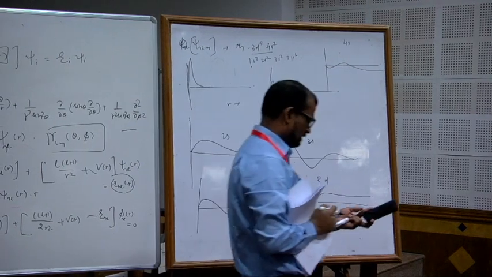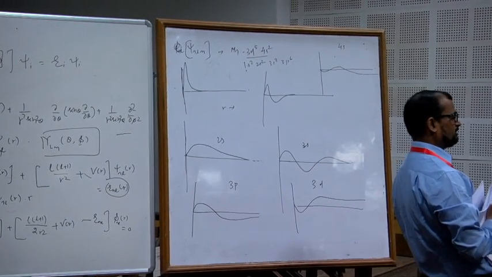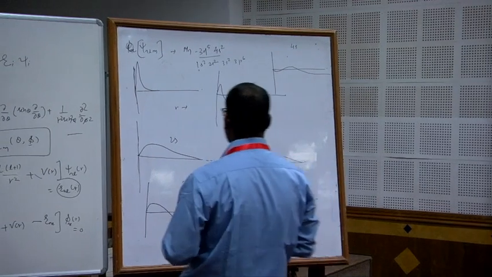If you draw this plot, it's basically r squared times the radial part.